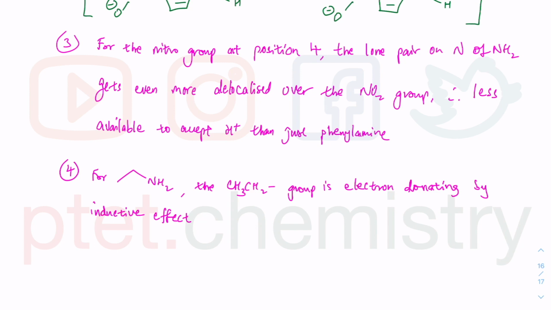If you don't believe me, you can have a look under alkene chemistry. Inductive effect stabilizes carbocation, and here it's not stabilizing a carbocation, but it's just pumping electron density to the nitrogen, and therefore making the lone pair more available to accept protons.